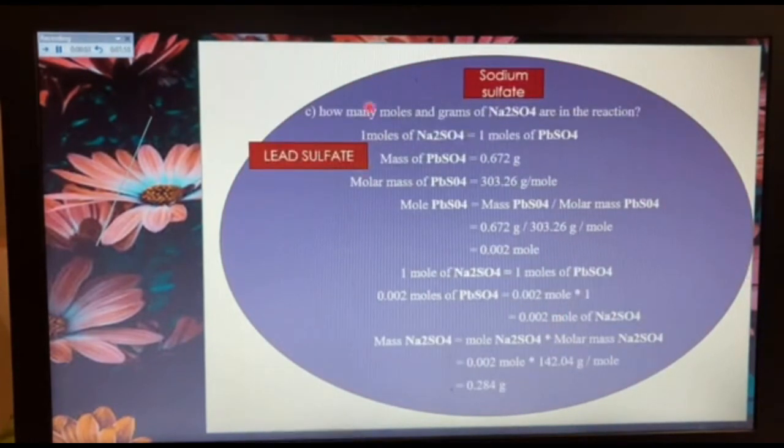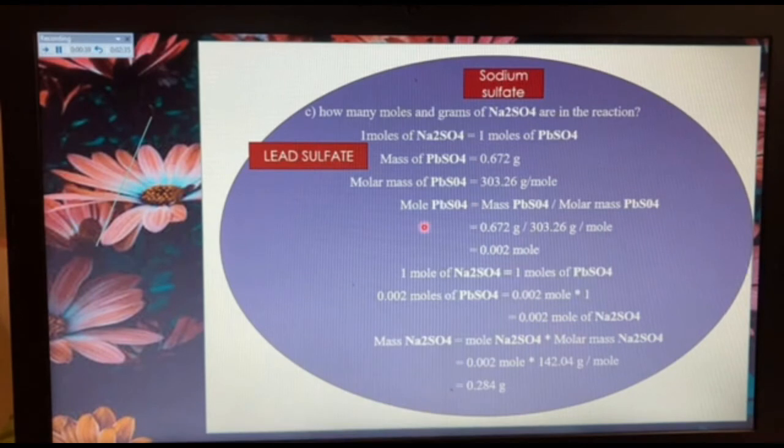And then I'm going to talk about 1c, how many moles and grams of sodium sulfate are in the reaction. 1 mole of sodium sulfate equals 1 mole of lead sulfate, and the mass of lead sulfate is 0.672 gram. The molar mass of lead sulfate is 303.26 gram per mole.